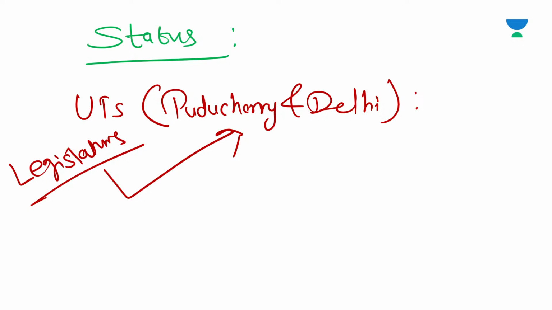Now, the power to make laws on any of the subjects under all lists mentioned in the 7th Schedule resides with the Parliament, and this power also covers Puducherry and Delhi.